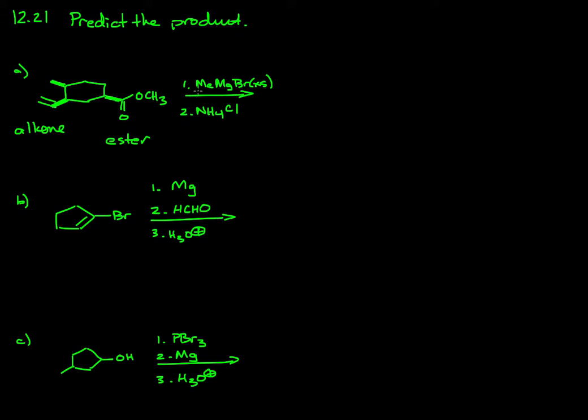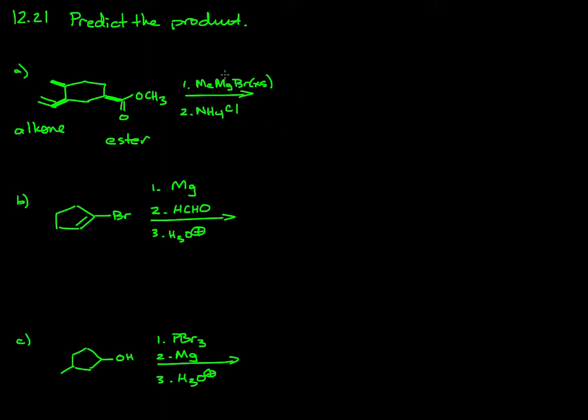We're treating that with methyl magnesium bromide in excess. So that means there's a greater than 1:1 molar ratio of this to the starting material. In the second step, we're treating with ammonium chloride, so we need to recognize that that is a workup step.